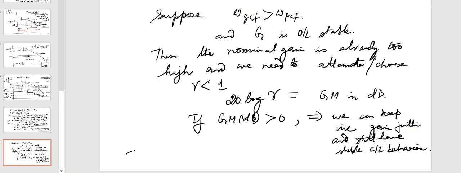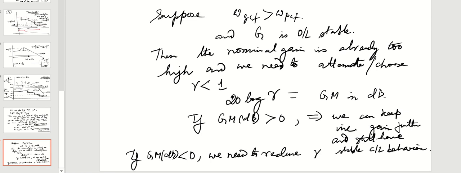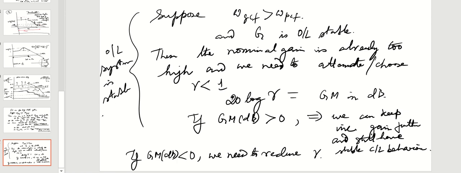On the other hand, if GM in dB is negative, we need to reduce gamma. Of course, all this is under the assumption that the open loop system is stable to start with.